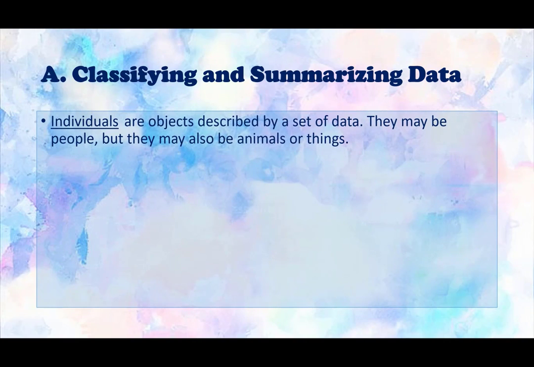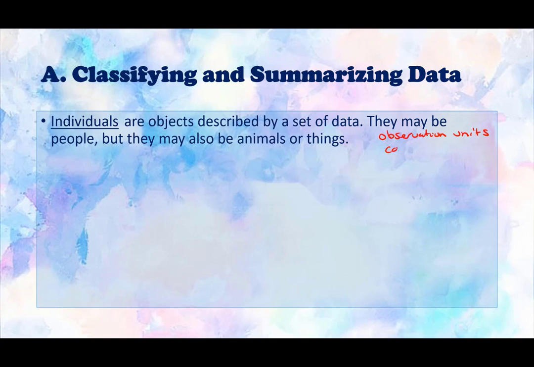The first thing I want to talk about is individuals. Individuals are objects described by a set of data. They may be people, but they may also be animals or things. There are many other ways to classify these things. We have observation units. You may have seen these names.